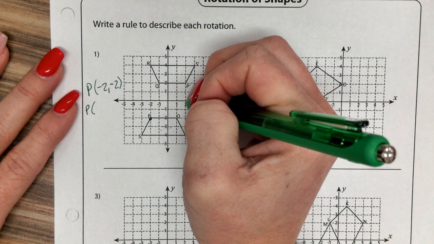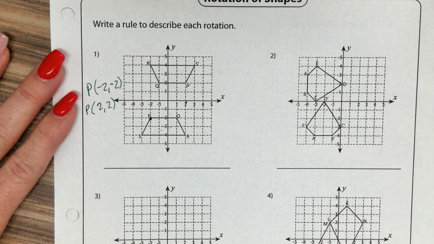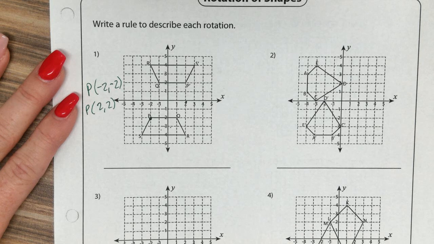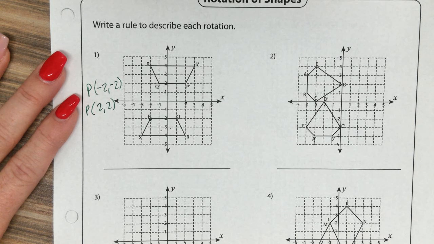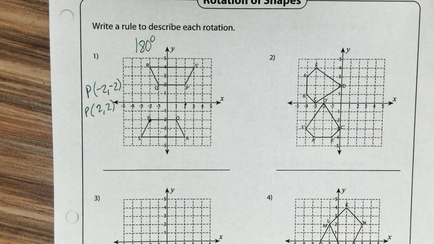I'm not going to do it for y'all. 2, 2. What happened to the coordinates? They're opposites. How many degrees is that? 180 degrees. So if you get confused, just pick an old coordinate and a new coordinate and compare them to see, did they switch spots? What happened? And that will tell you the rule, okay?